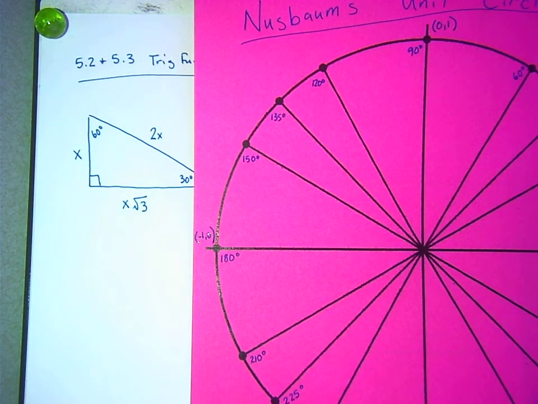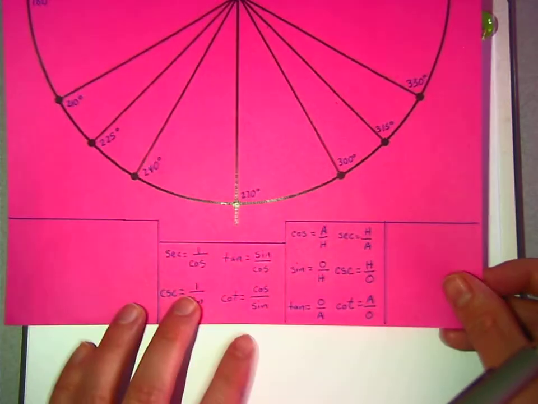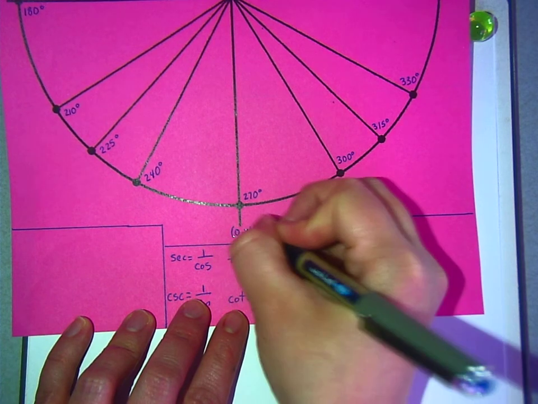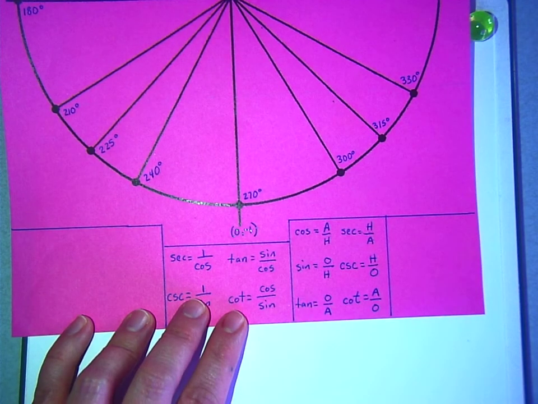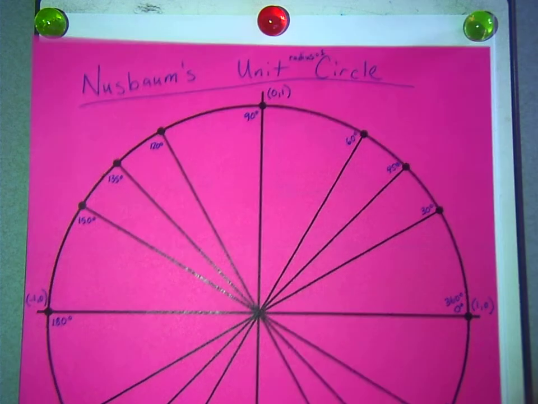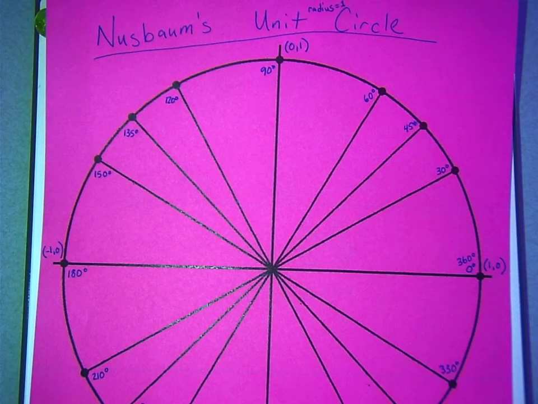So the x is at negative 1 there. How about the bottom? 0, negative 1. So now it should look like this. It should say radius equals 1 on the top. You should have 1, 0 on the right, 0, 1 on the top, negative 1, 0 on the left, and 0, negative 1 on the bottom.